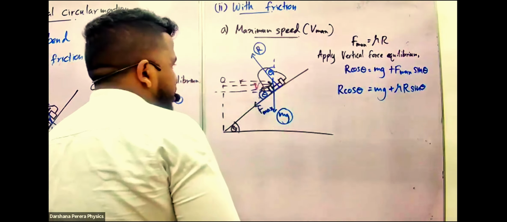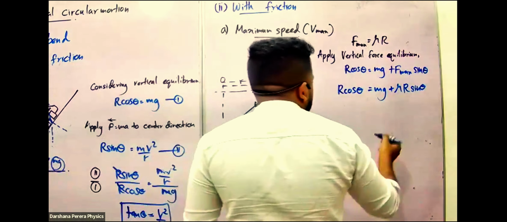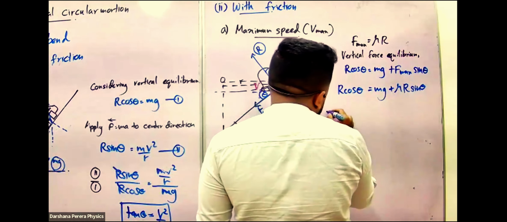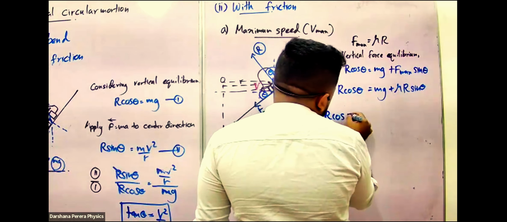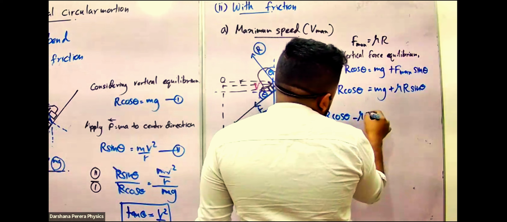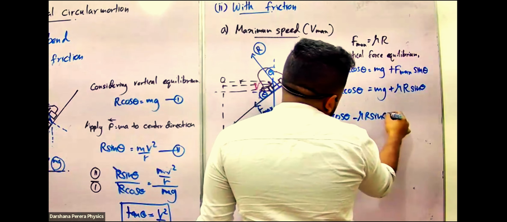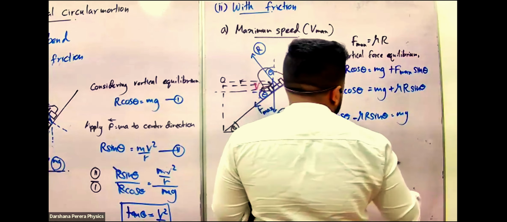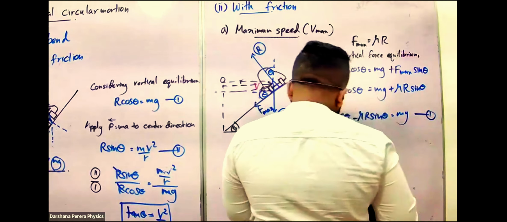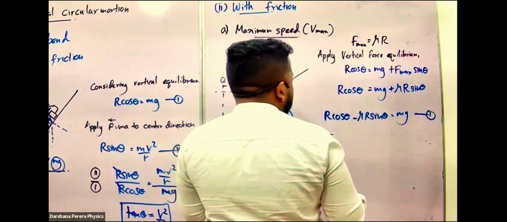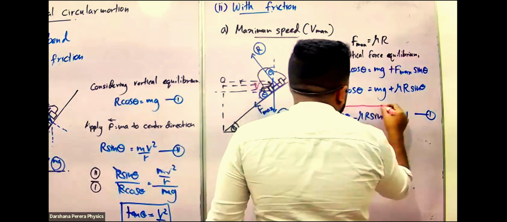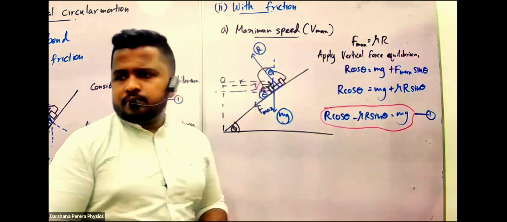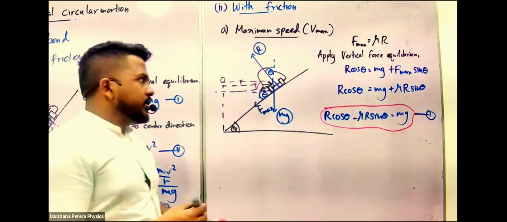Then I bring this term to this side. R cos theta minus mu R sin theta equals mg. This is my first equation.